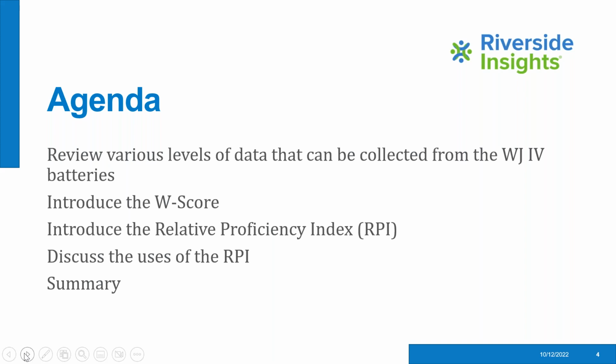But today specifically, we're going to dive a little bit deeper into the relative proficiency index. And prior to doing that, we're going to talk about the W score, which forms the foundation of generating that relative proficiency index. Then we'll discuss the uses and application in practice of the RPI, and provide you a summary of our discussion today.